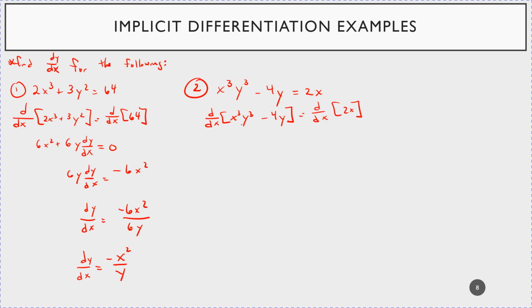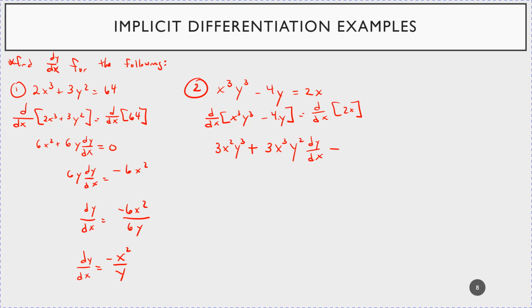All right, notice here you're going to need to use the product rule, because I have x cubed times y cubed. So the derivative of x cubed becomes 3x squared times y cubed, plus the x cubed. Now when I differentiate y cubed, I get 3y squared dy/dx, minus.